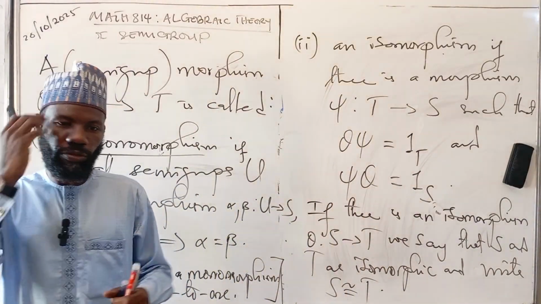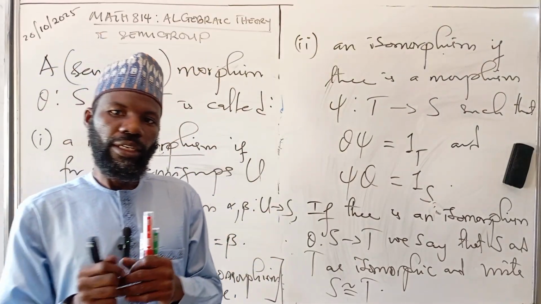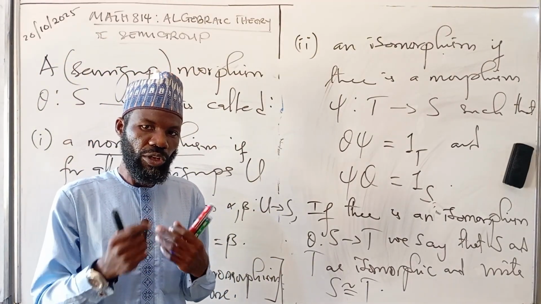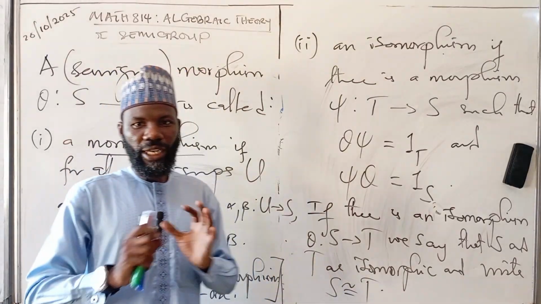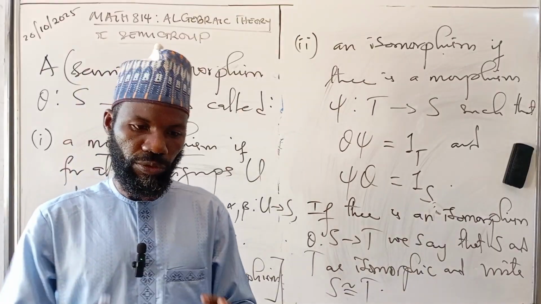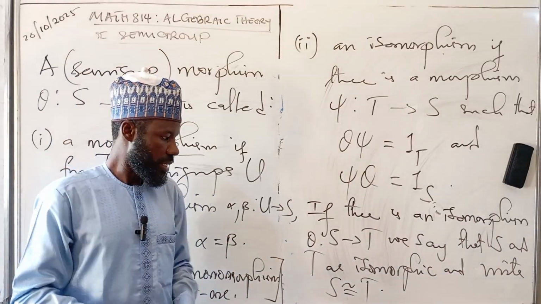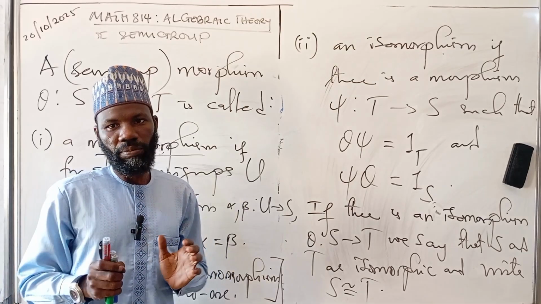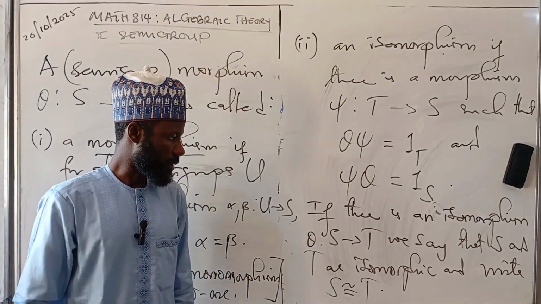This notion of isomorphism: if S is isomorphic to T, as far as algebraic semigroup properties are concerned, we consider S and T as one and the same. So we don't see them as different semigroups. If you are talking about their semigroup properties algebraically, they are considered to be one and the same. I hope it's okay. So this is isomorphism.